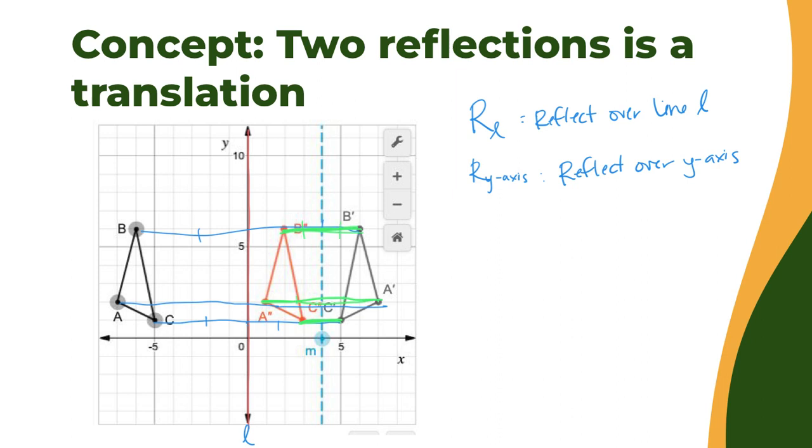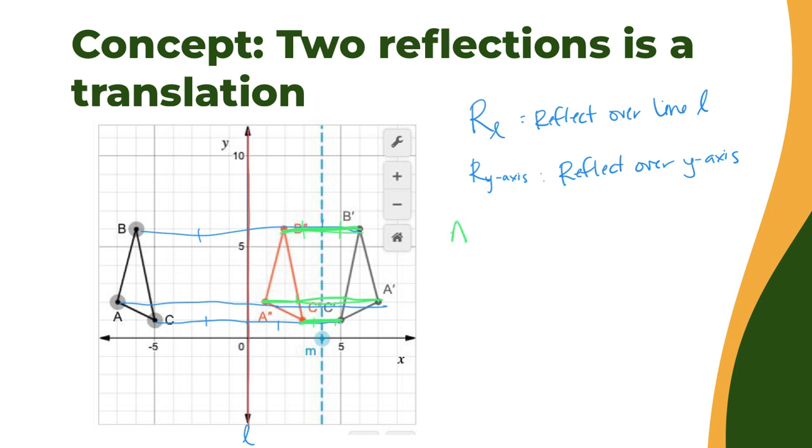All these pieces are still the same lengths, but I end up with this little figure right here. Notice what it looks like. We're back to the original orientation. When I reflected, I flipped it, and when I reflected again, I flipped it back. So what we see is that when you reflect twice, it's actually the same thing as just sliding it.